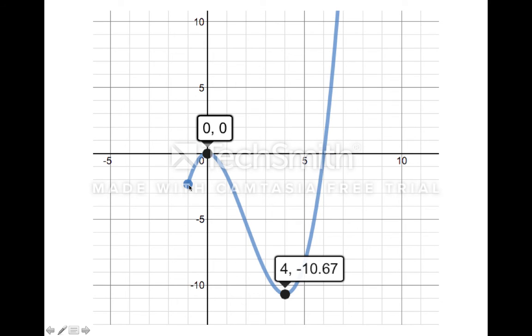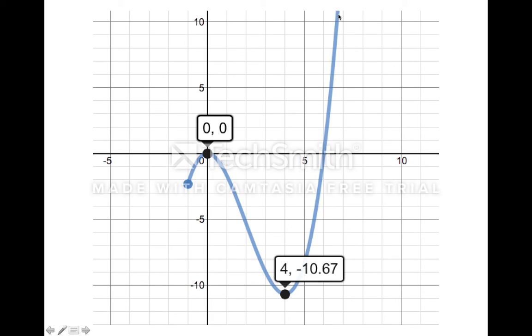This function is increasing from negative 1 to 0, decreasing from 0 to 4, and increasing from 4 to infinity. 0, 0 is a local max. 4, negative 10.67 is both a local and an absolute minimum.